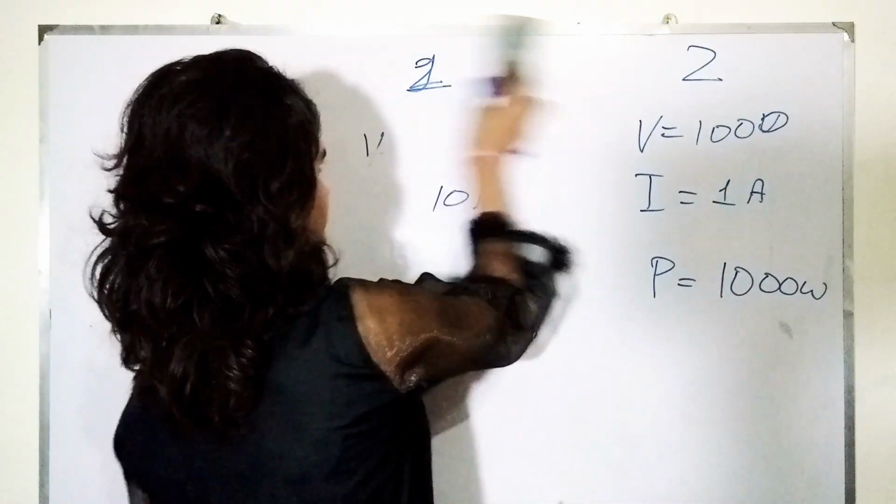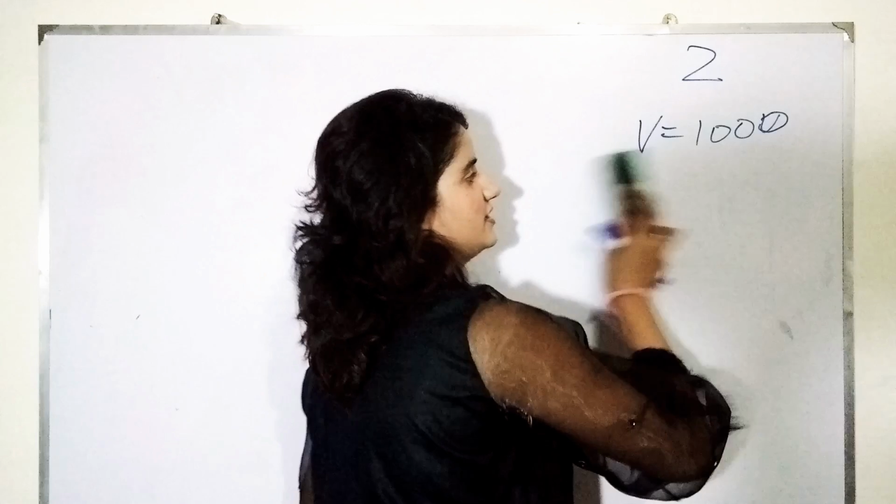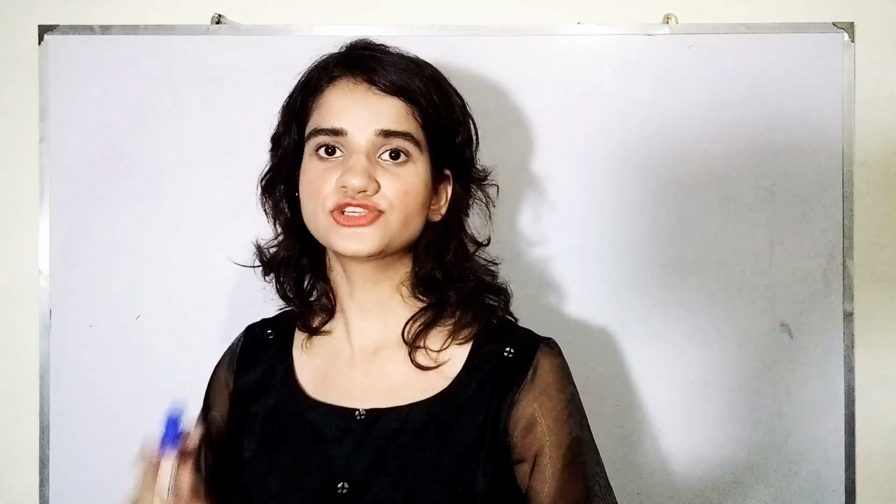Now moving towards the nature of secondary current. We have already studied Lenz's law and Faraday's law of electromagnetic induction. According to these two laws, we will learn about the nature of secondary current.